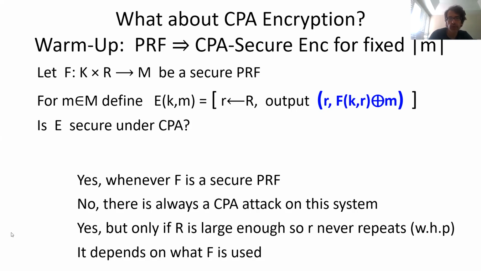Yes, the whole thing is about collisions. So it is secure when F is a PRF, except for one problem. So if F is a PRF, then these outputs are indistinguishable from random outputs of a random function on R's.